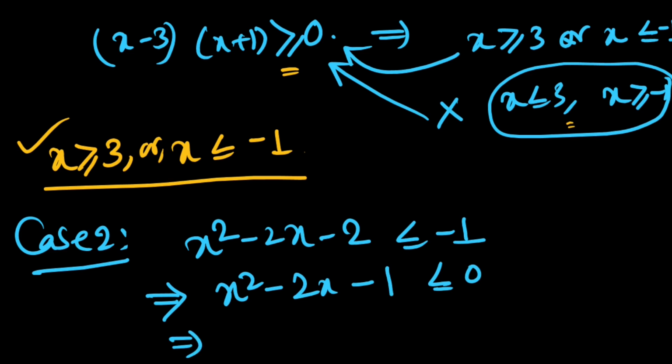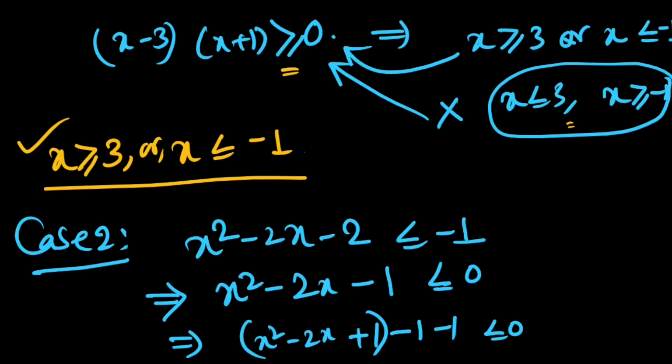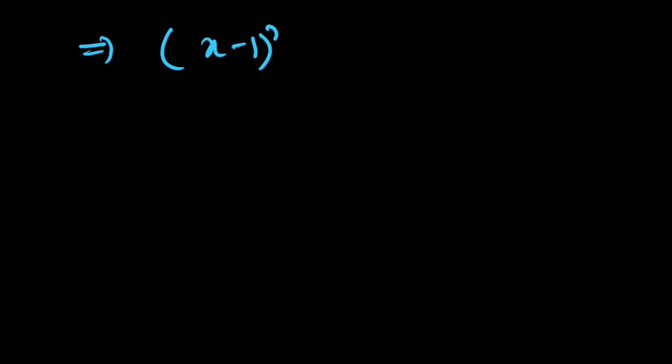This implies, if we write it in a very beautiful way, x square minus 2x plus 1 minus 1 minus 1 is lesser equal to 0. So we write the first term as x minus 1 whole square, so x minus 1 whole square minus 2 lesser equal to 0.